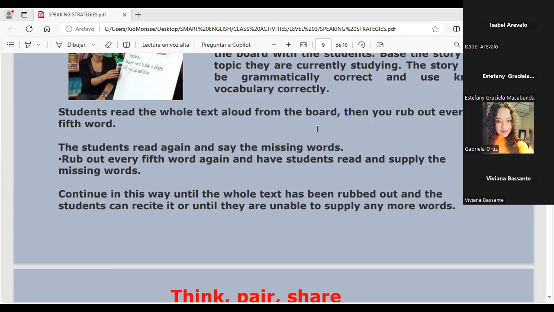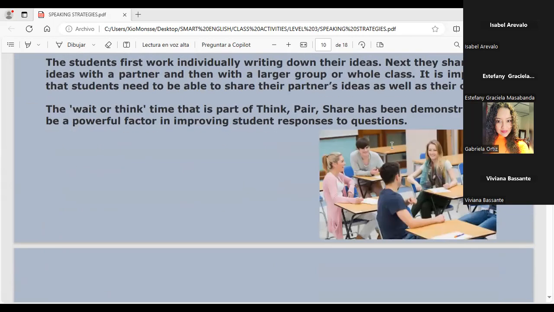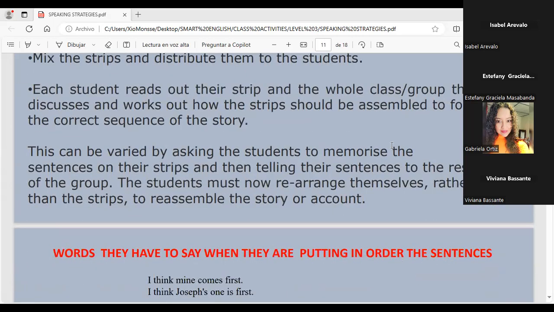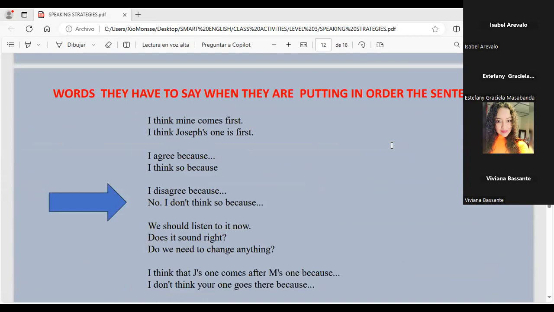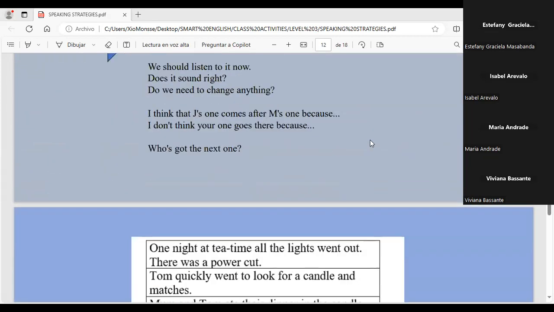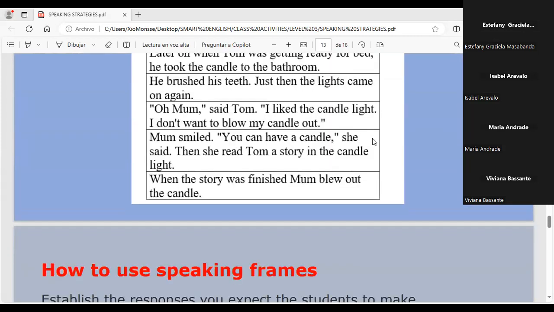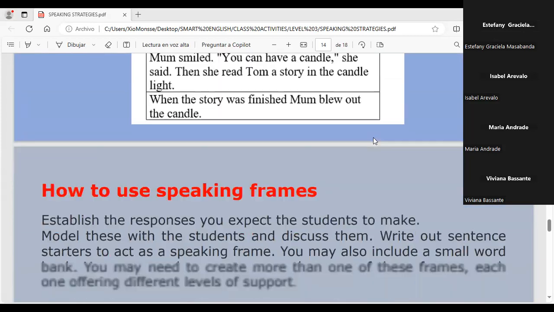Which dynamic did you like the most? In my case, vanish clause, because in that part the student can develop their imagination and create stories, and also all the students participate in the same activity.